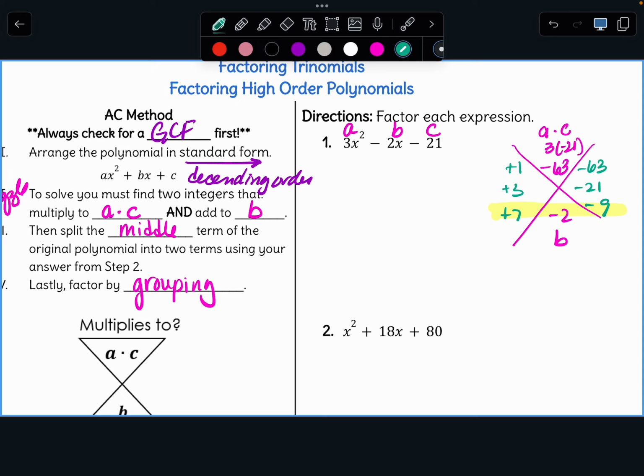So then you rewrite this middle term as positive 7x minus 9x. So then I rewrite the whole thing, 3x squared plus 7x minus 9x minus 21. I can group this one and this one. I can divide by x, and I can divide by negative 3.